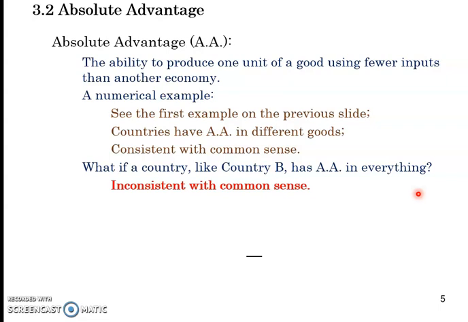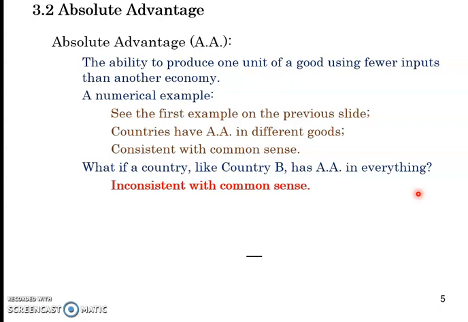Should both benefit from trade? These might be inconsistent with our common sense. Because we tend to believe that probably country A doesn't want to trade, because it doesn't have an absolute advantage in anything.